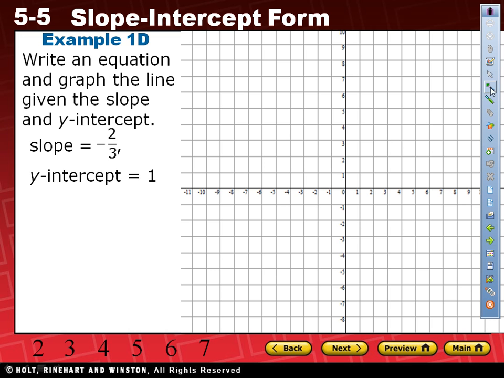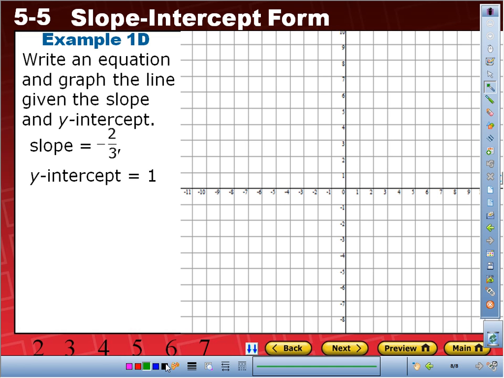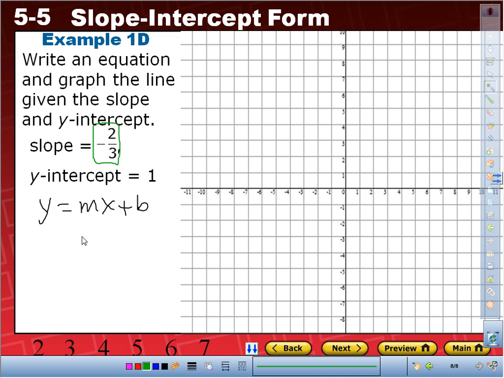All right, let's see. We write our equation first, so we write y equals mx plus b. And what is my slope? Negative 2/3. And my y-intercept is positive 1. And I bring everything else down. The y, the equals, and the x.